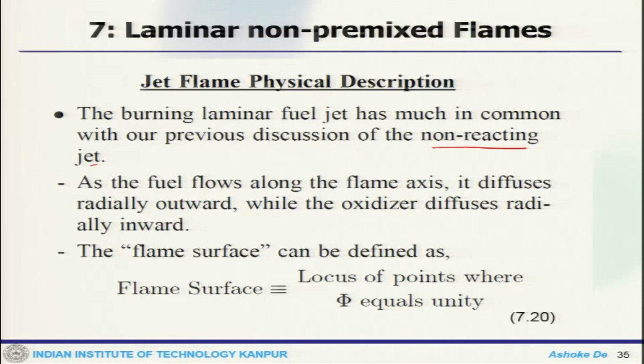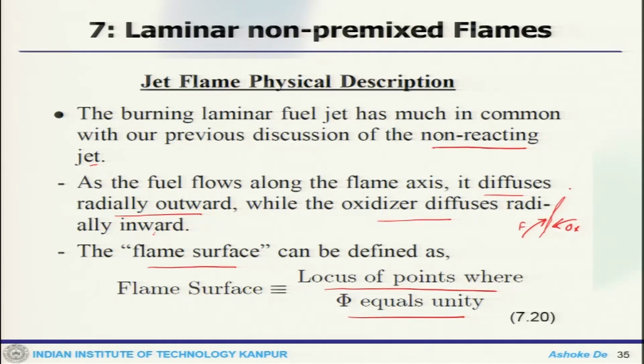Now, since the fuel is flowing along the axis, it will obviously diffuse radially outward, and on the other hand oxidizer diffuses inward. So, if fuel goes like this, oxidizer comes like this. At the contact point you get the flame. So, this is exactly the flame surface, the locus of points where phi equals unity, that means along the stoichiometric condition.